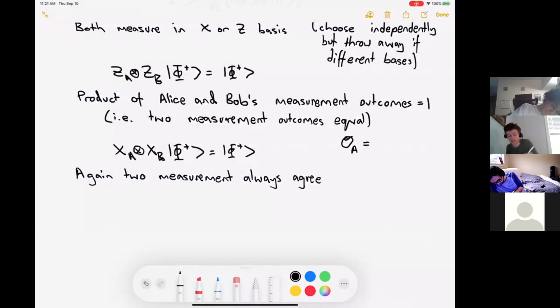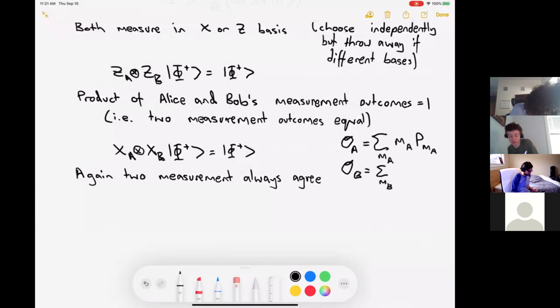Right, we can write OA as a sum over all measurement outcomes MA for Alice's measurement, times the measurement outcome MA, times the projector for that measurement outcome, right? The projector onto the eigenspace. Similarly, OB is the sum over MB of MB times the projector onto the eigenspace associated with MB.